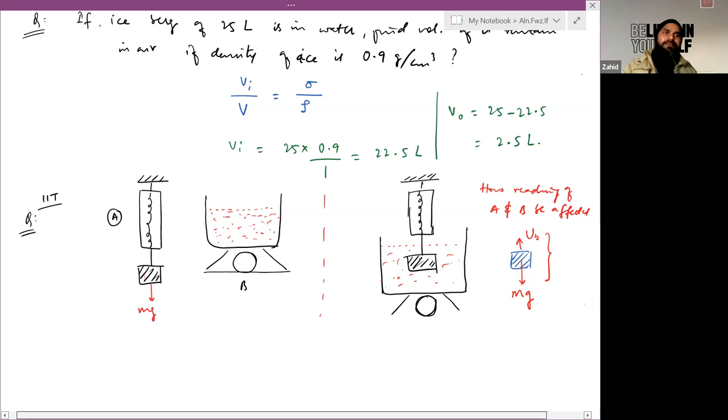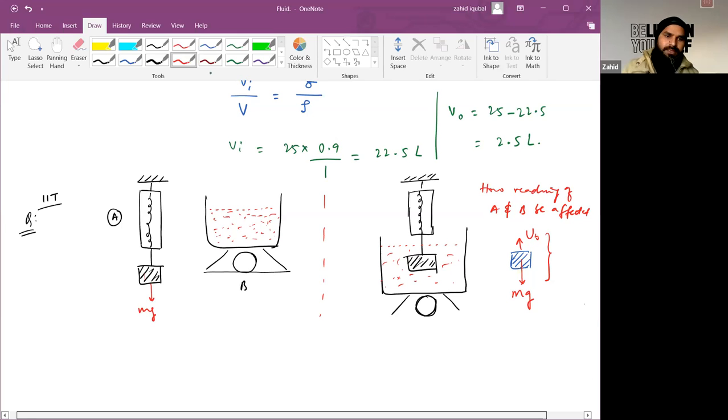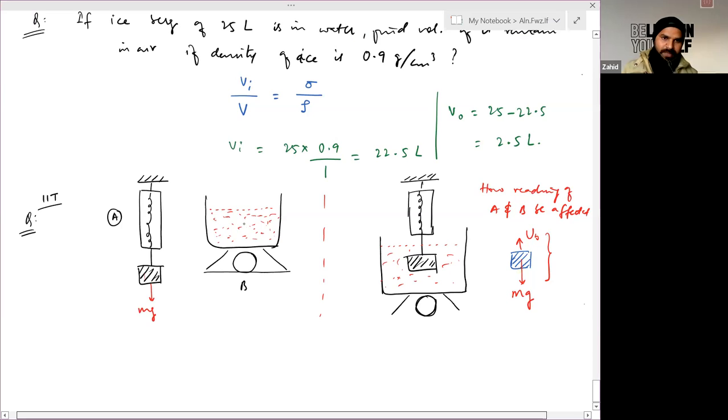Similarly, in the second part, in the case of the liquid, initially there will be the mass of liquid only. So there will be only a force in the downward direction, that will be mg. But now there will be the force of the liquid plus, since the liquid exerts some buoyant force on this block, the block in turn will give a reaction to this liquid.